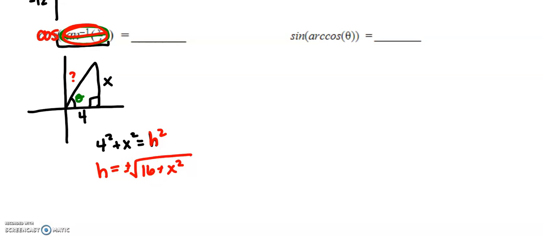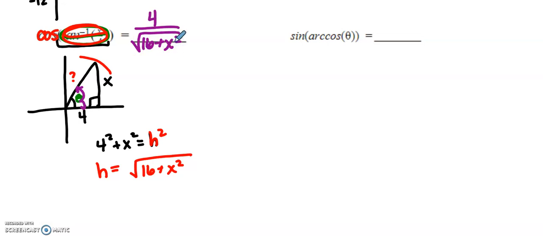But now, I know this is representing the radius of a circle because of all my geometry, right? My radius always stays positive. So it's the square root of 16 plus x squared. Great. I was supposed to find the cosine. The cosine then of theta is the adjacent over the hypotenuse: 4 over the square root of 16 plus x squared.